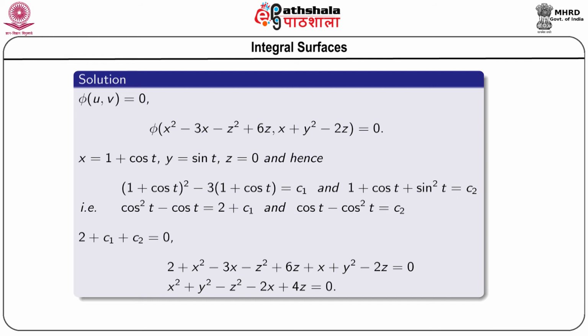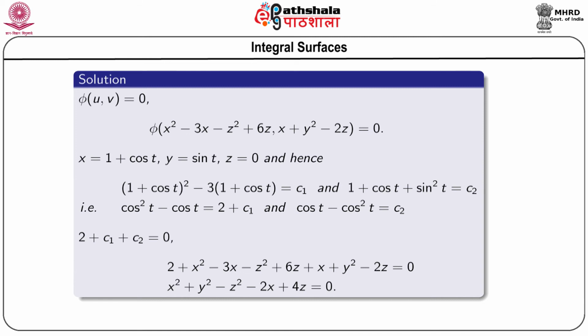If we substitute this parametric form into the integral u equals c1, it becomes (1 plus cos t) squared minus 3 into (1 plus cos t) equals c1, and v equals c2 gives 1 plus cos t plus sin squared t equals c2. Now, from these two equations, one can eliminate t and get the relation 2 plus c1 plus c2 equals 0.